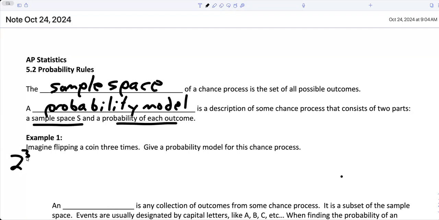But let's list them. We've got heads, heads, heads. We've got heads, heads, tails. Heads, tails, heads. Heads, tails, tails.